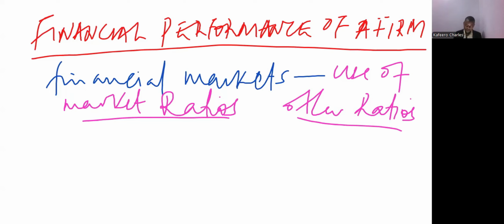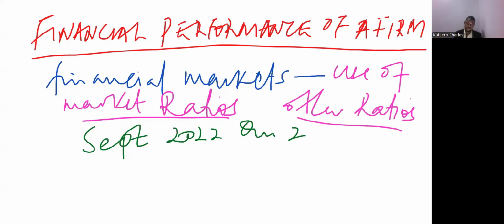In the old syllabus, we saw the examiner examined the ratios in September 2022, question 2. That's when we started to see those numbers coming up. And this number, actually, the majority of the students didn't do it because it came as a surprise to them, because they never expected it to appear.